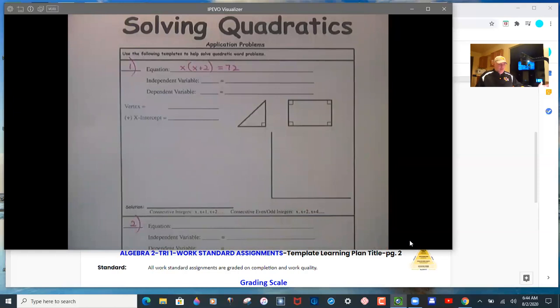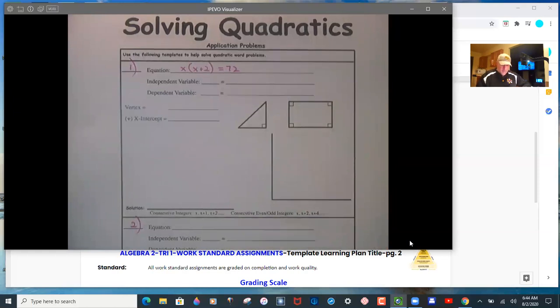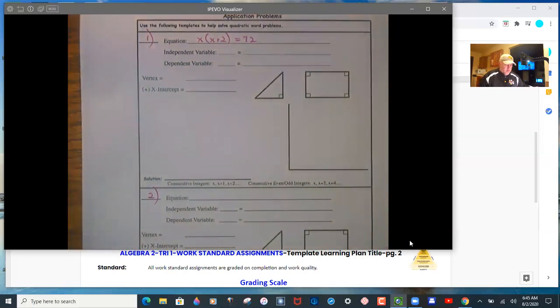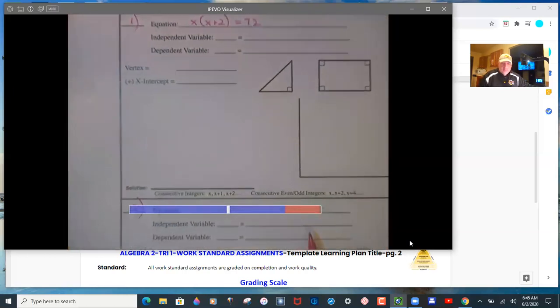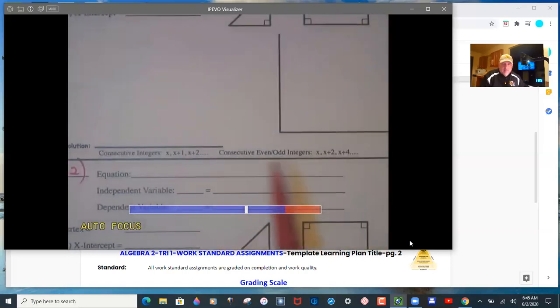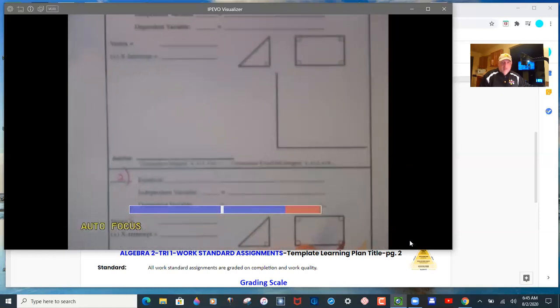But this is good to use so that you see the structure of how these work. Notice the consecutive integers and then consecutive even or odd integer expressions at the bottom here. We'll be using those in particular word problems.